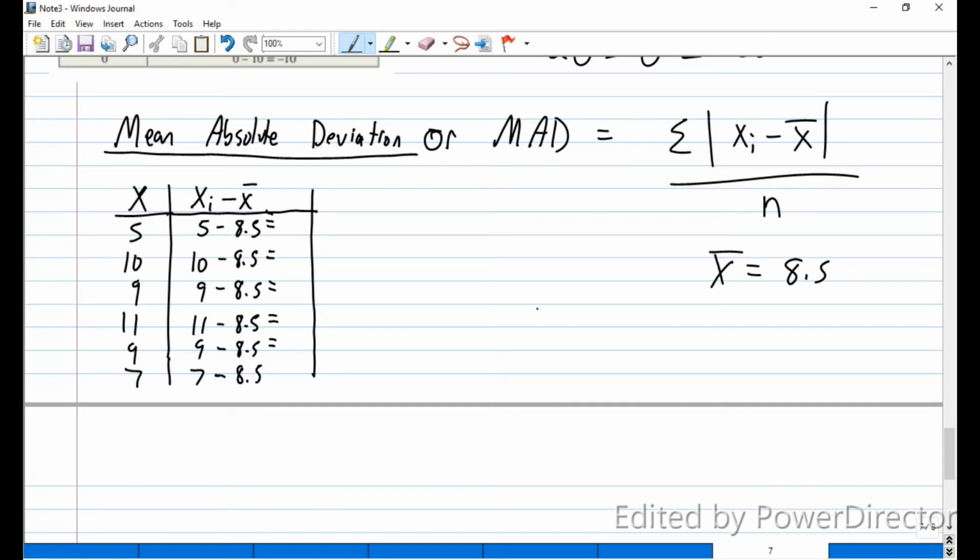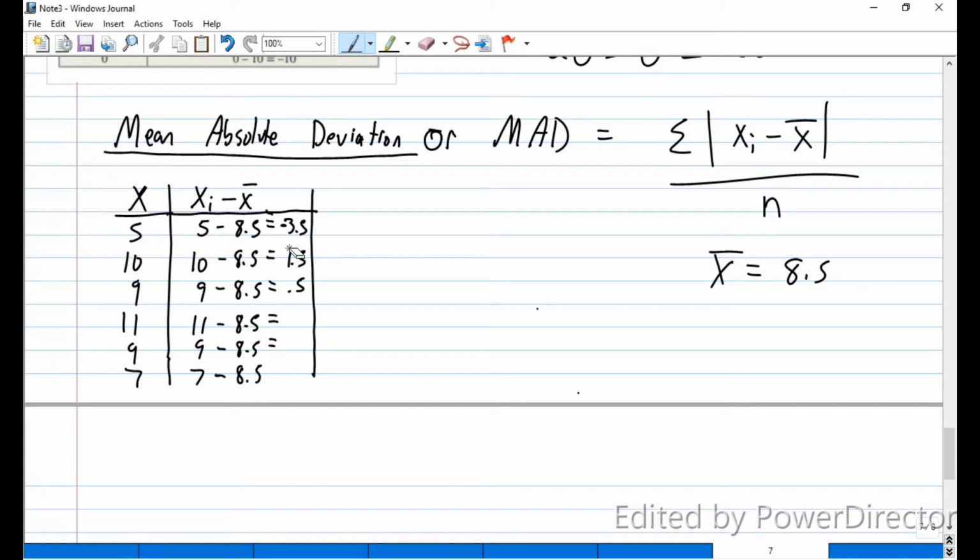All right, so if I do all of those, I get negative 3.5, negative 1.5, and I'm going to write all these down. Wait, no, that's 0.5, right? Oh, it's positive, sorry.